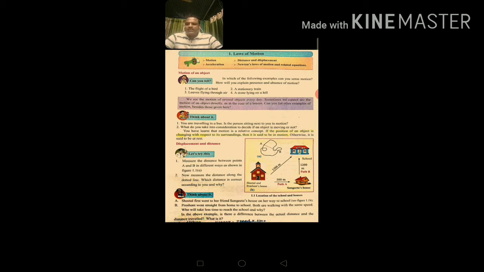A body is said to be in motion if it changes its position with respect to its surrounding, and at rest otherwise. What is meant by the motion of an object? For example, you are coming to school from your home.